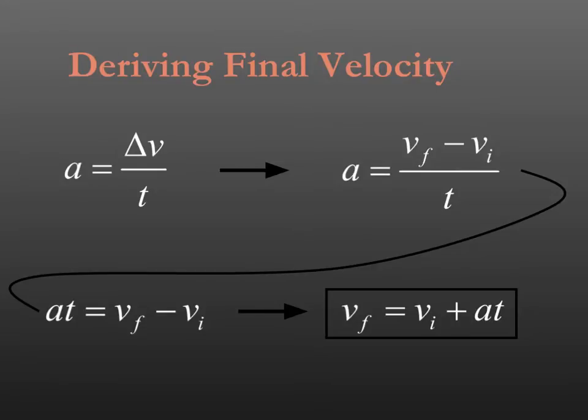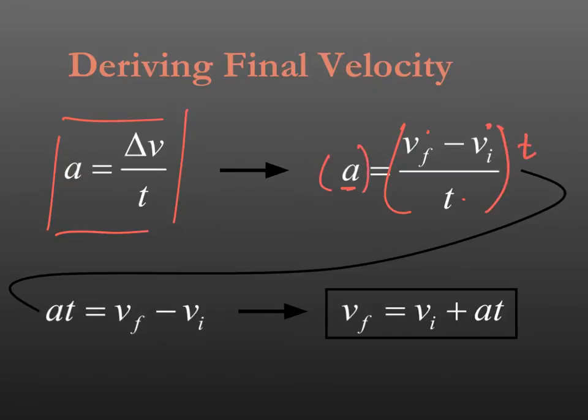Now, similar to how we did this with finding our final position, we can also derive an equation for the final velocity. Starting with our definition of acceleration, which is the change in velocity per unit time, we expand that and say that the acceleration is Vf minus Vi over t. We want to solve for the final velocity, so we want to isolate that variable.